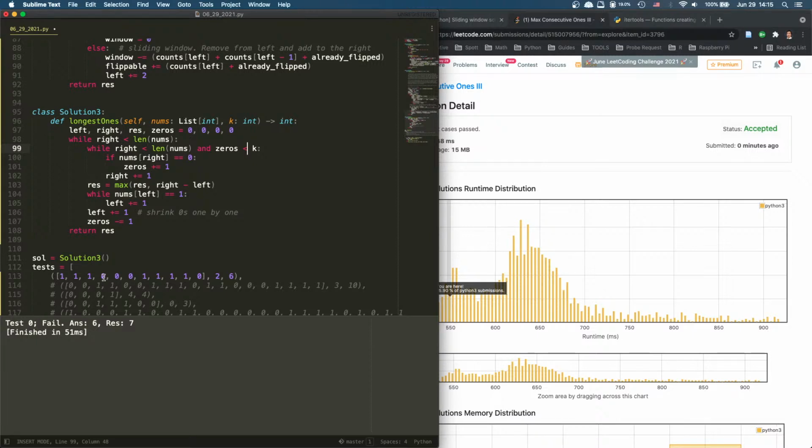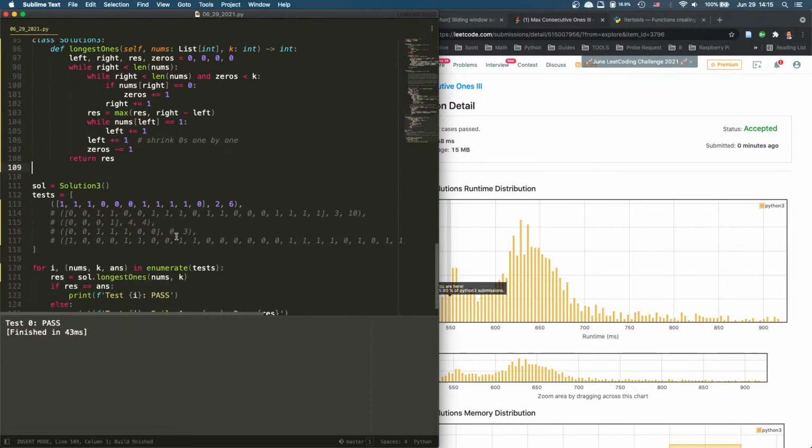Then we go to 1, zeros plus 1 is 1, and then next 1, and then zeros goes to 2, and then right plus 1 comes here. And then, oh, jump out. So zeros is equal to k, and right is pointing here, and the max is still this. Maybe this one will be, yeah, this one's right. I think it's just smaller than k.